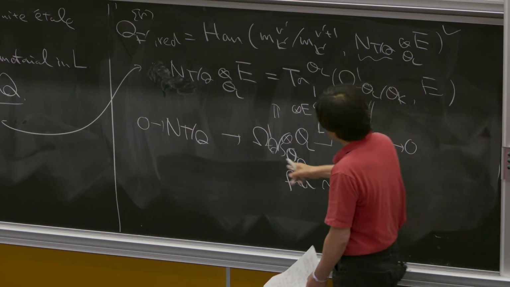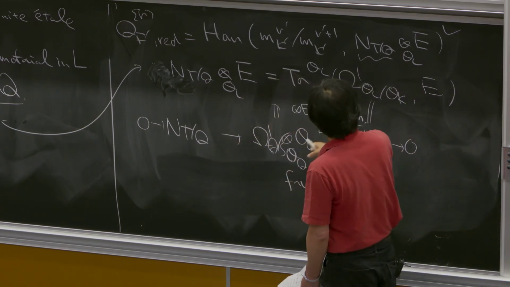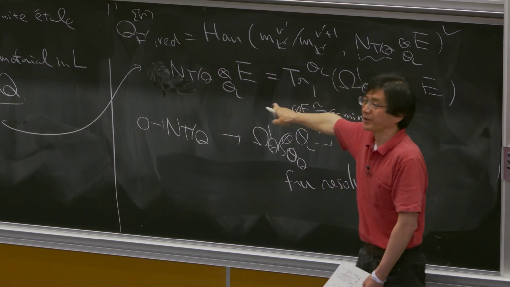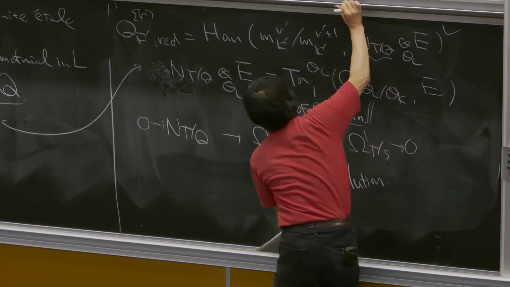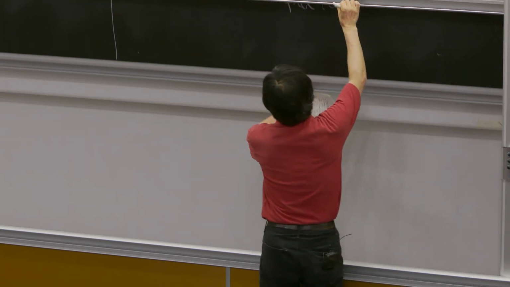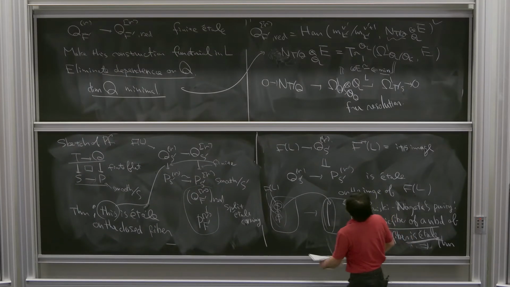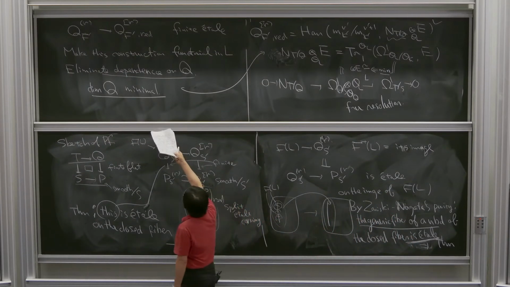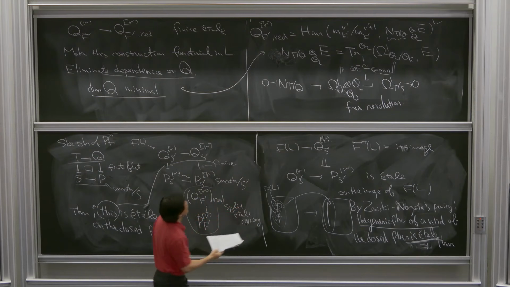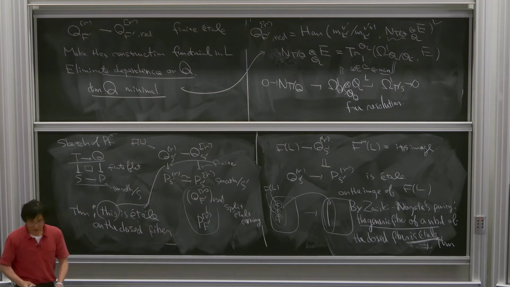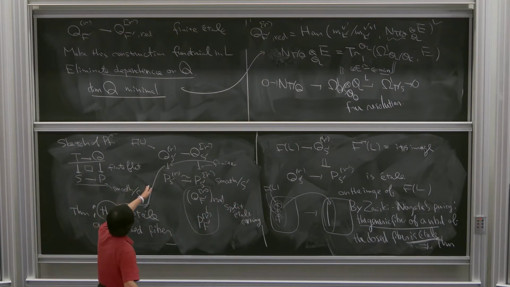And then the map here will be 0, so we get an isomorphism here. So imposing this minimality, we get a canonical description of the closed fiber on the right hand side.